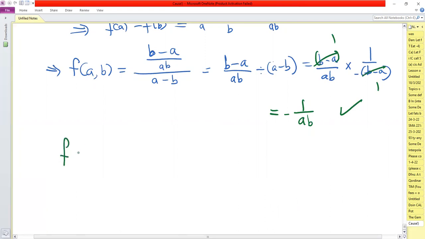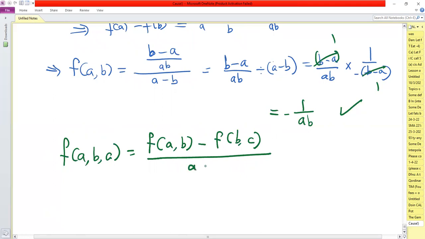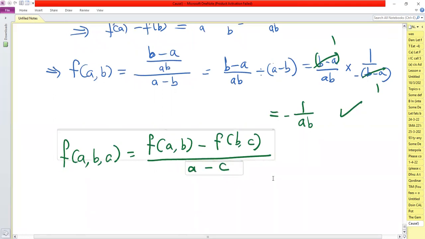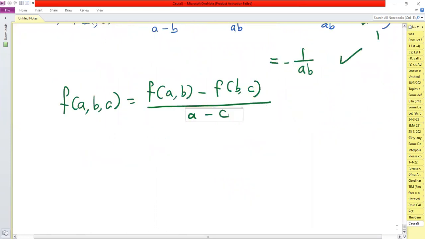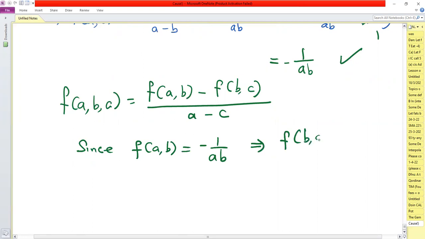Now, the second divided difference of the arguments A, B, and C, by definition, is the first divided difference of AB minus the first divided difference of BC, over A minus C. Since we have found that the first divided difference of AB is negative 1 over AB, this implies the first divided difference of BC is negative 1 over BC.